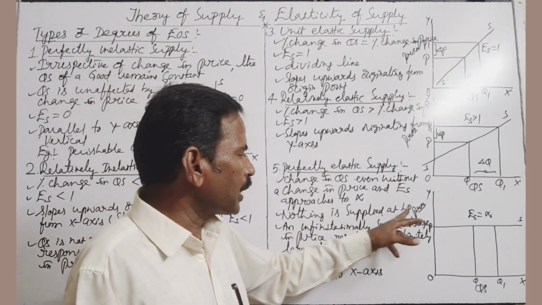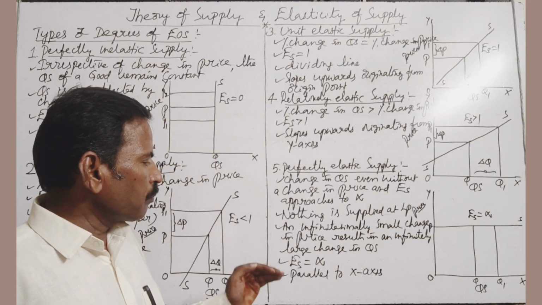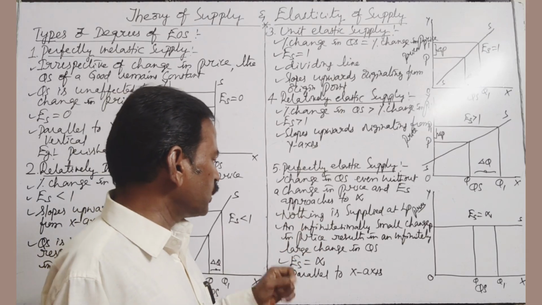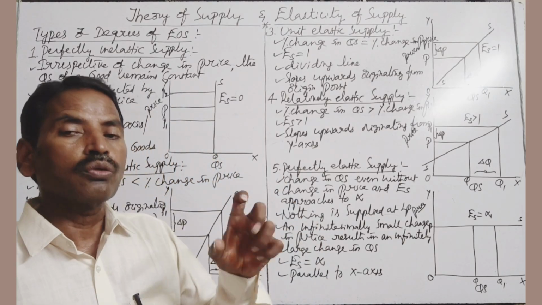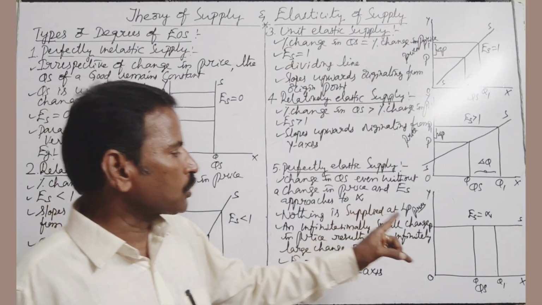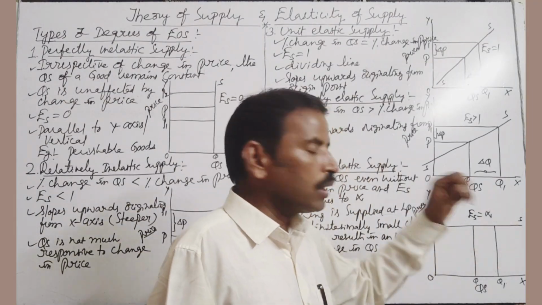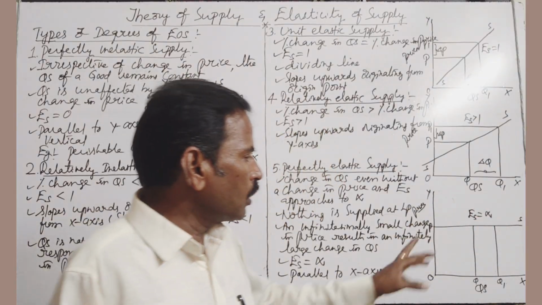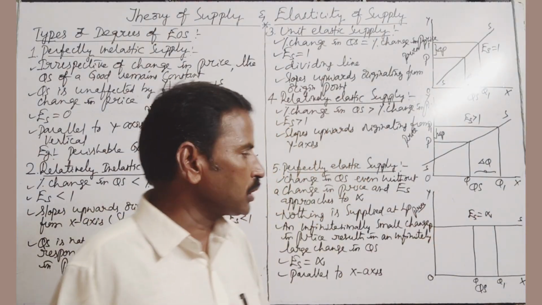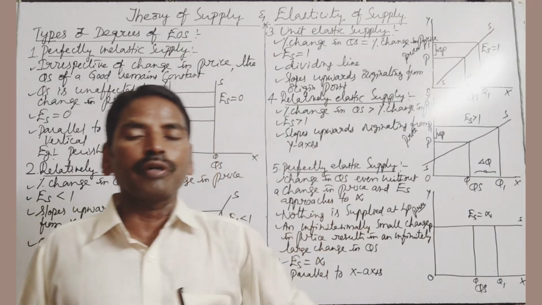Nothing is supplied at a lower price, or an infinitesimally small change in price leads to an infinitely large change in quantity supplied. This is called perfectly elastic supply. The supply curve is parallel to the x-axis, or horizontal. ES is equal to infinity.